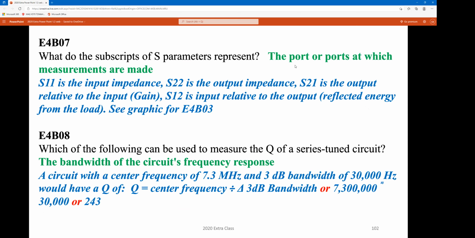And those stand for the port or ports at which the measurement is being made. Which of the following can be used to measure the Q of a series tuned circuit? And the answer is the bandwidth of the circuit's frequency response.